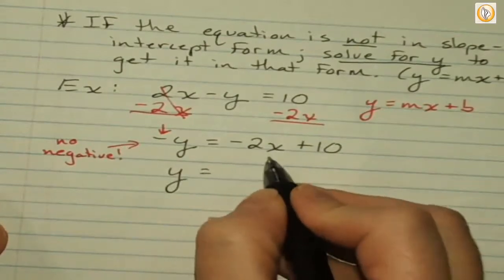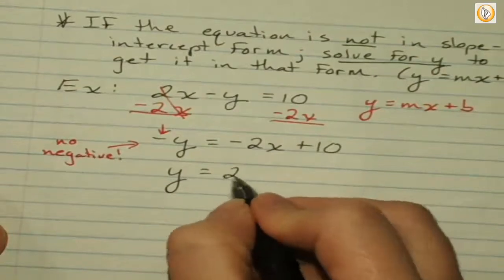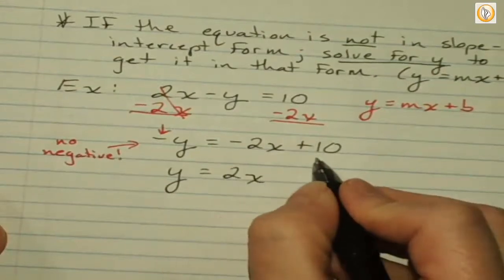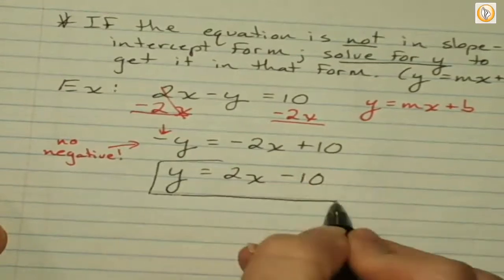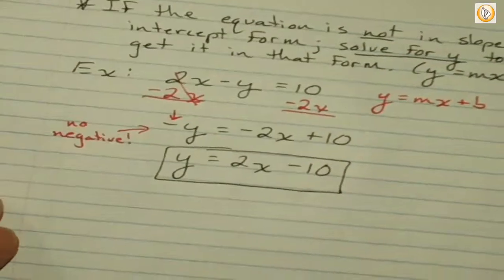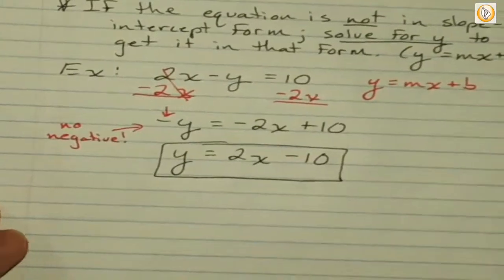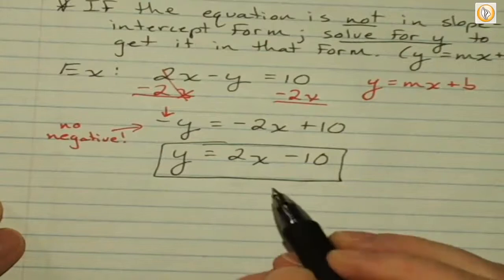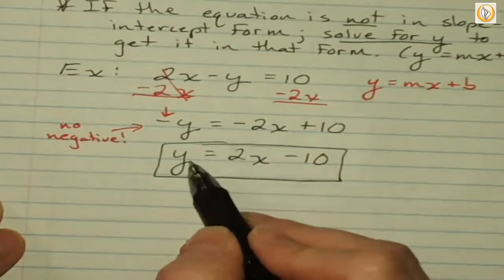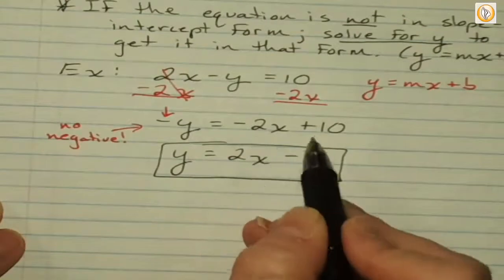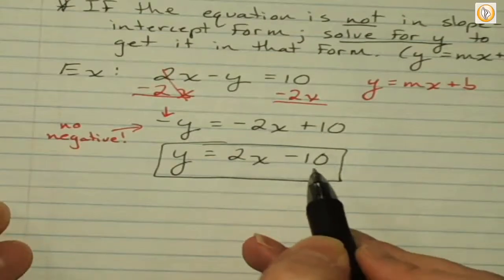And what does the negative 2x become? Just positive 2x. And what does a positive 10 become? Negative 10. There we go. The x affected the entire problem. That's right. So now look at it. You can't have a negative here, so the negative becomes positive, the positive becomes negative.